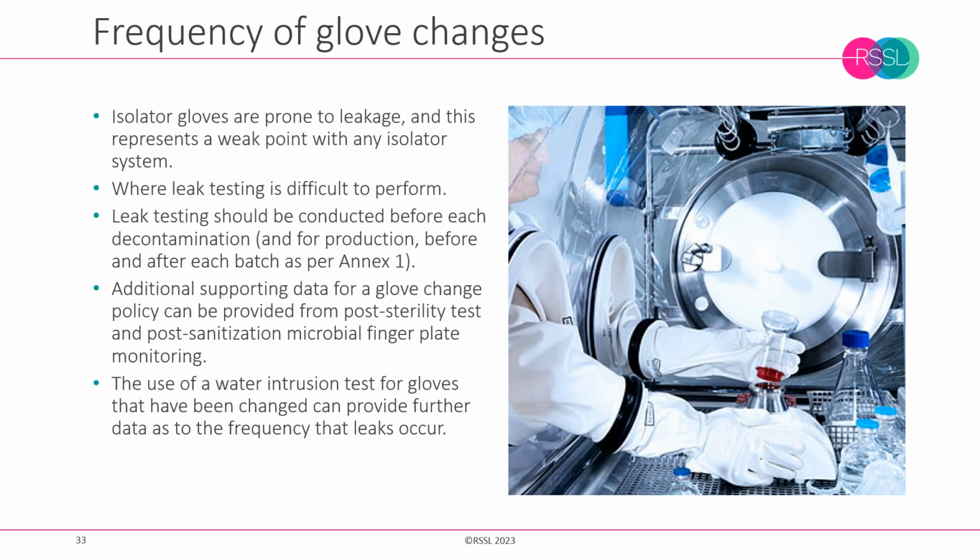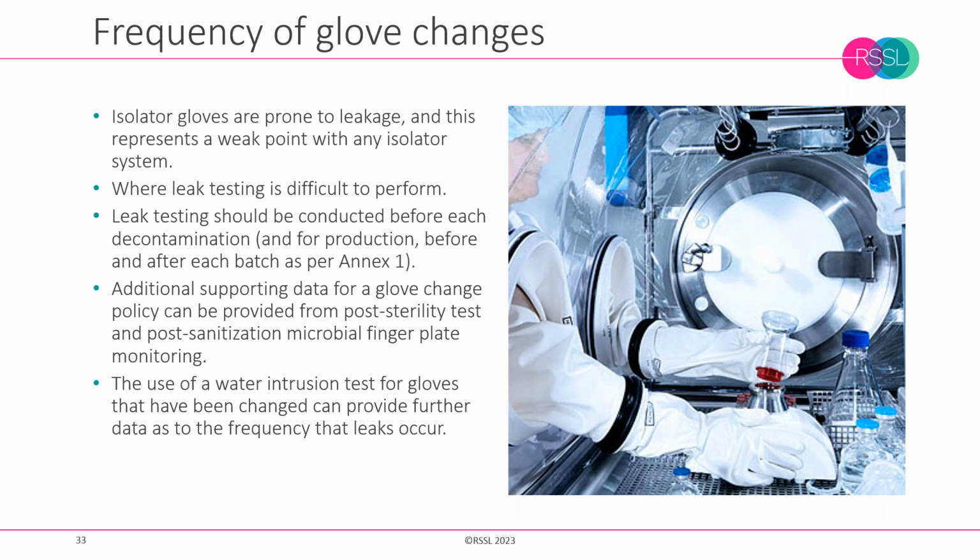I mentioned the glove changes and how often gloves should be changed. I mean, the primary thing here is that gloves should be regularly subjected to integrity testing, and Annex 1 is signaling for aseptic processing isolators to undertake that assessment before and after each batch, and a similar principle should apply with sterility testing.